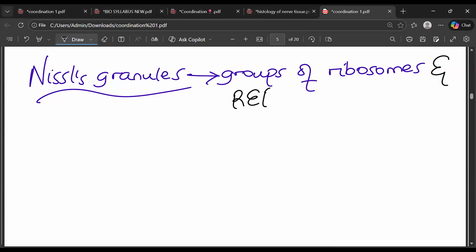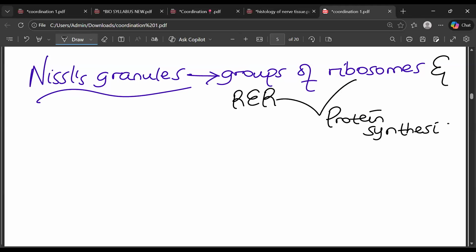And these ones are very key in protein synthesis. Protein synthesis, this one I taught. So those who are asking themselves how ribosomes contribute to protein synthesis, you visit the lesson. So those are Nissl granules. They are groups of ribosomes and rough ER, and they're responsible for protein synthesis.